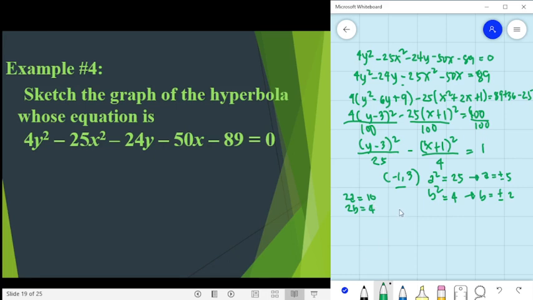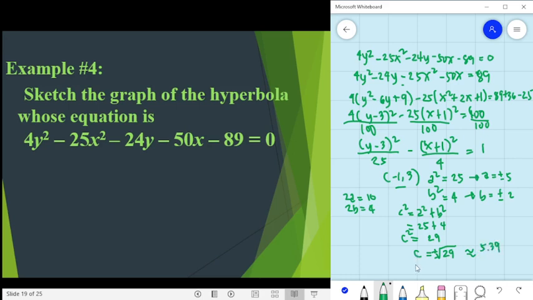And to find c, we have to use the formula c squared is equal to a squared plus b squared, which is equal to 25 plus 4. That's why our c squared is 29, giving us the value of c, which is plus or minus square root of 29, approximately equal to 5.39.